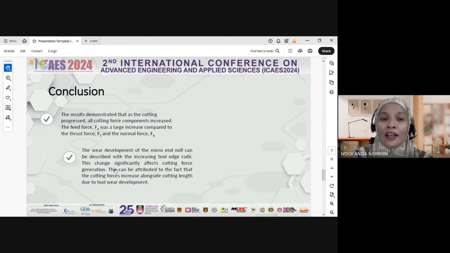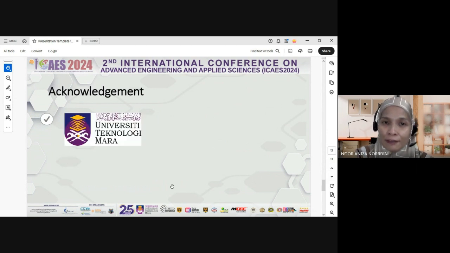For the wear, the wear development of the micro end mill can be described with the increasing tool edge radius. This can significantly affect the cutting force generation, and this can also be attributed to the fact that the cutting force increases alongside cutting length due to the tool wear development.